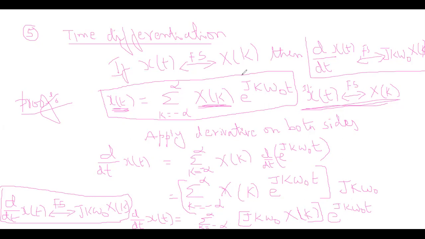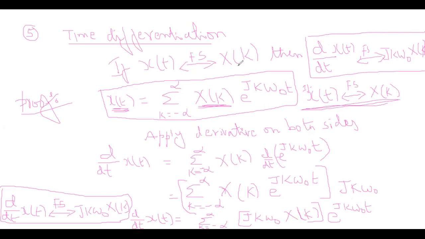Understood, my dear students? The time is differentiated here, d by dt of x of t. If they ask for frequency differentiation, you can apply d by dk, with respect to the frequency.